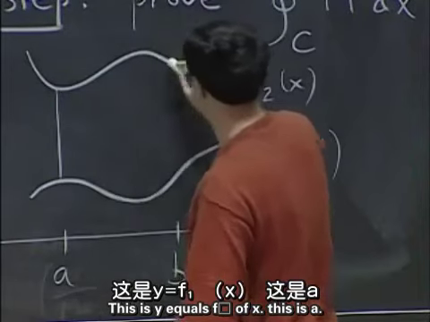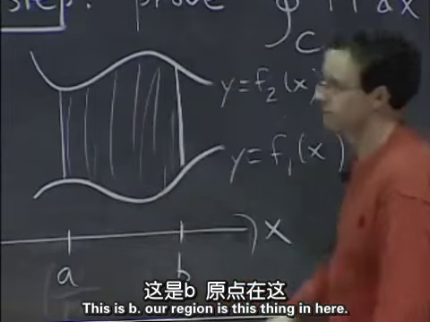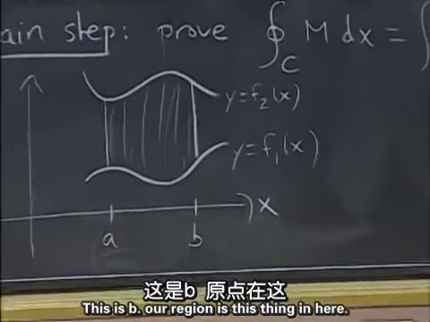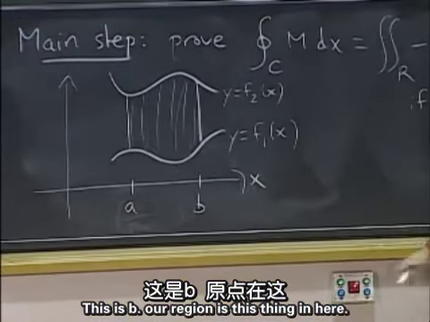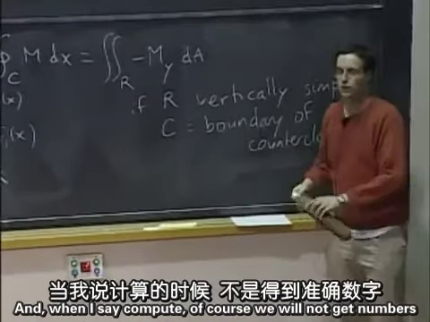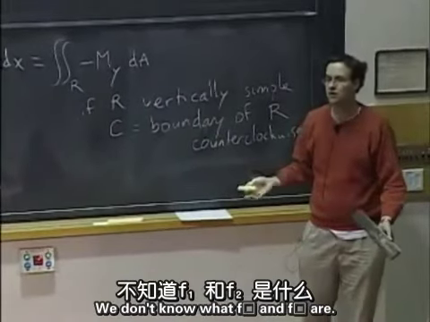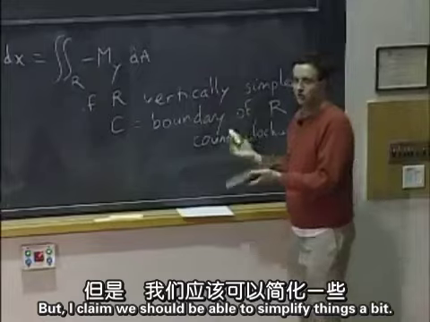This is A. This is B. Our region is this thing in here. So let's compute both sides. And when I say compute, of course, we will not get numbers because we don't know what M is. We don't know what F1 and F2 are. But I claim we should be able to simplify things a bit.